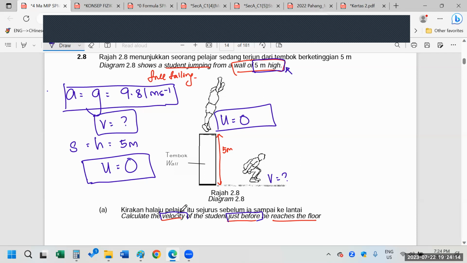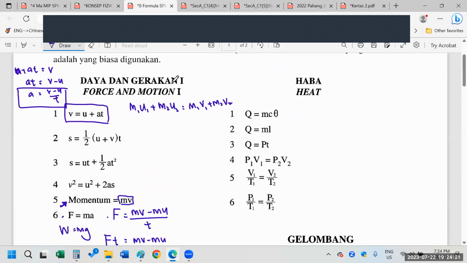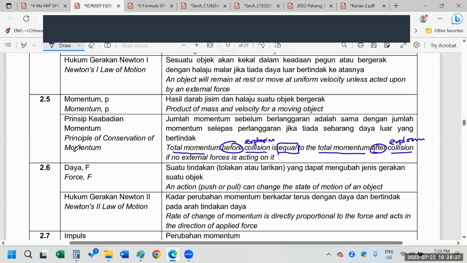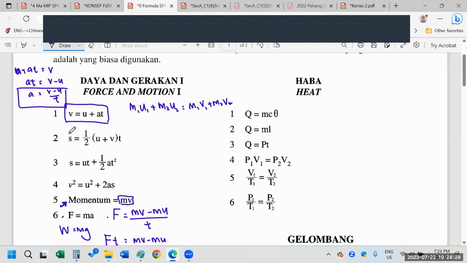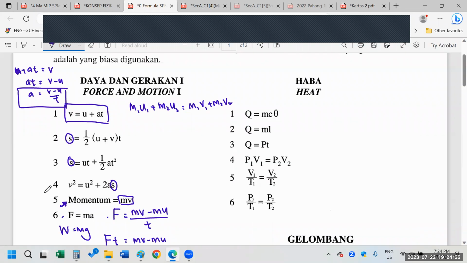Okay. So what formula can we use from here? Remember the height is S, is displacement. Height is displacement. So now, which formula to use? 1, 2, 3, 4. Which formula to use?